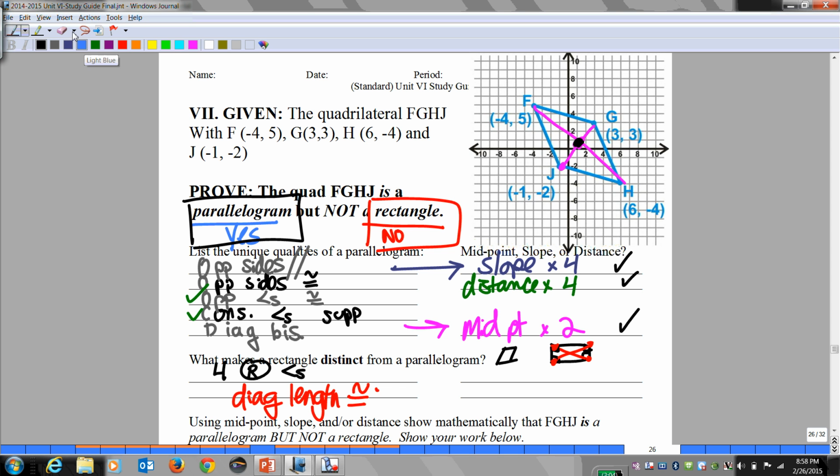Using midpoint, slope, or distance, I could disprove that there are right angles here by finding the slope and we would disprove that slope times slope equals -1, which means there's no right angles. But in order to prove that there is not right angles, we'd have to do the slope of all four sides.